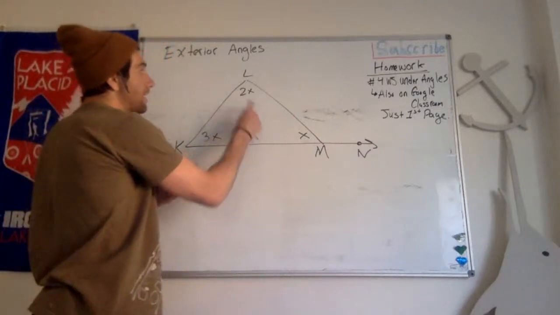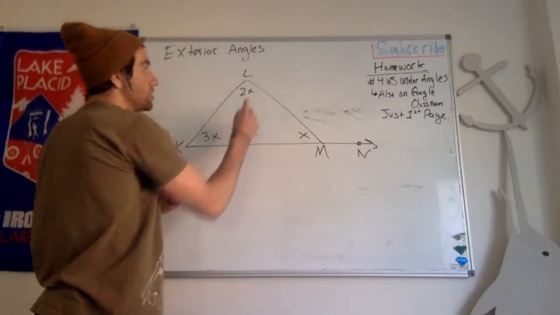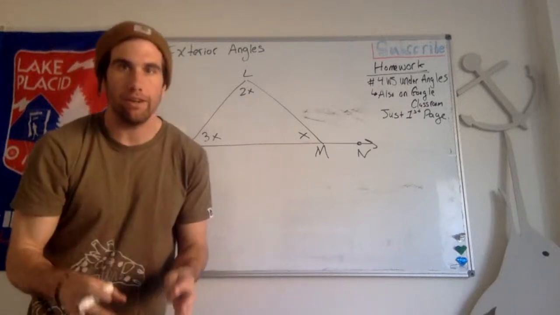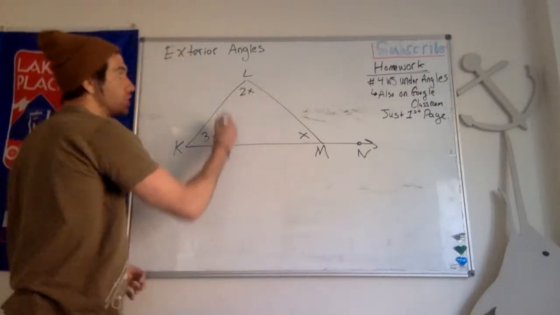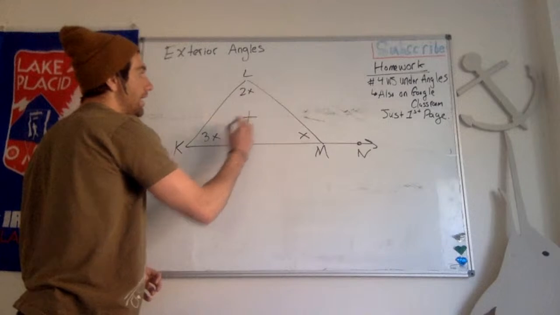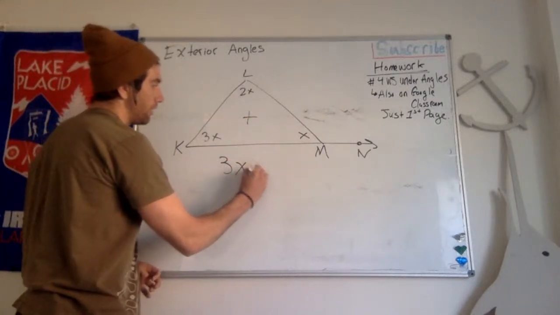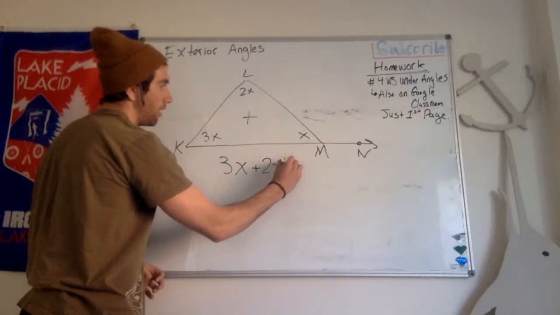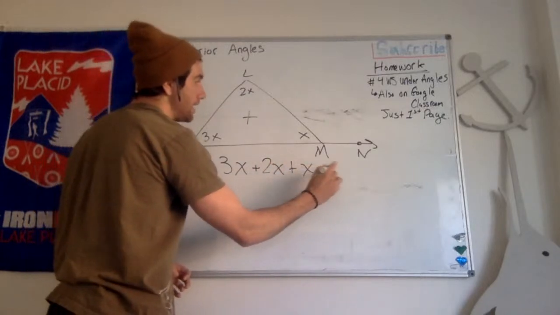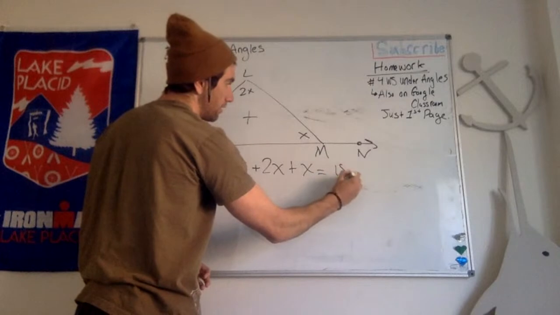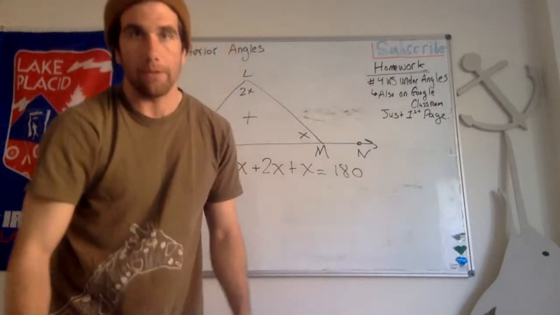Well, if I have my 3 interior angles, you should remember when it comes to interior angles in a triangle, the sum of the 3 interior angles, so 3x plus 2x plus x always equal how many degrees? 180.